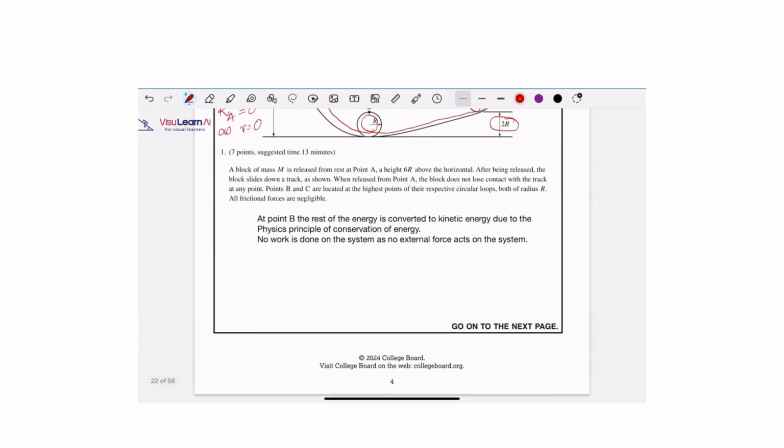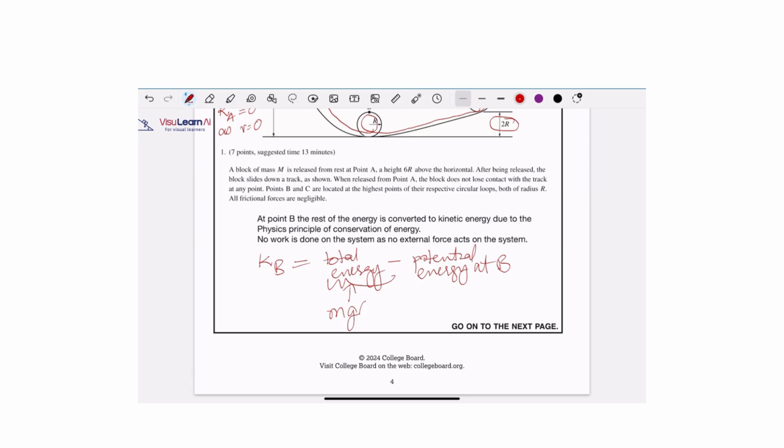So based off of this, we know that the total potential energy plus kinetic energy at point A was mg6r, and we know that the potential energy at point B was mg2r. So we can say that the kinetic energy at B will be the total energy minus the potential energy at B. And then just to write this down, the total energy was mg6r minus mg2r.